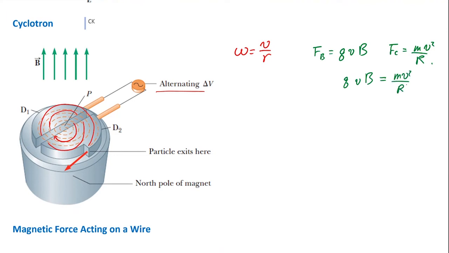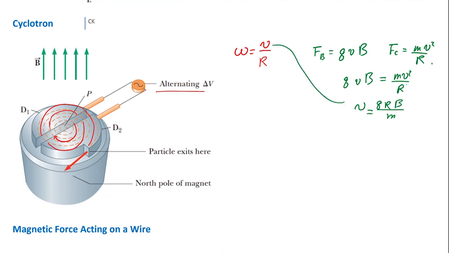I mean, this thing should be automatic, okay? Then v, here, one of the v's cancels, so we have qBr over m, and then B over m is what you get. You know what I'm saying? I have to change this to capital R because I'm using capital R over there, right?